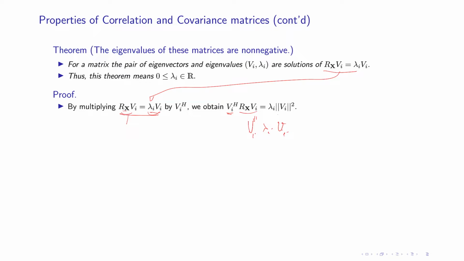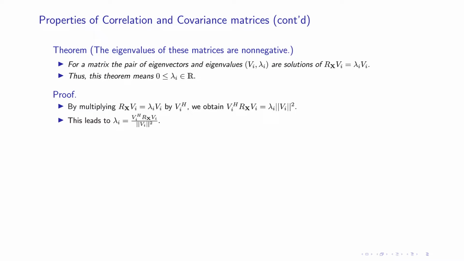Vi Hermitian Vi becomes the Euclidean norm of Vi to the power 2. So obviously lambda i is equal to Vi Hermitian Rx Vi divided by the norm of Vi squared, provided that this is not zero. Because the numerator is real and non-negative, lambda i should also be real and non-negative.